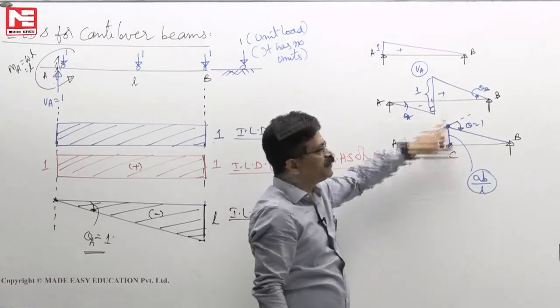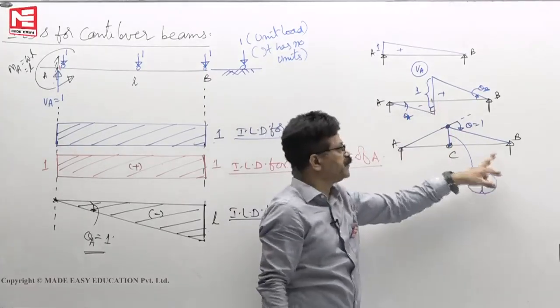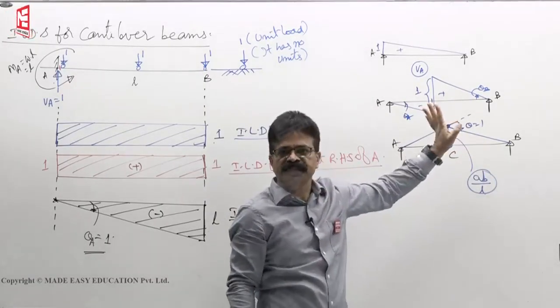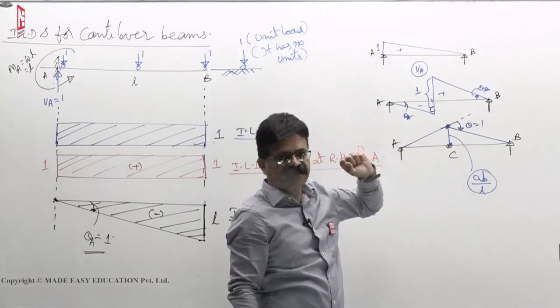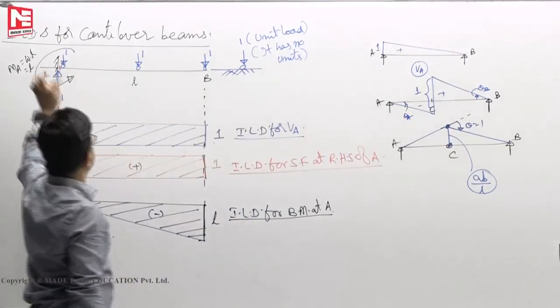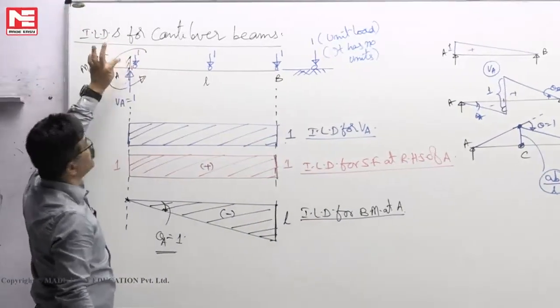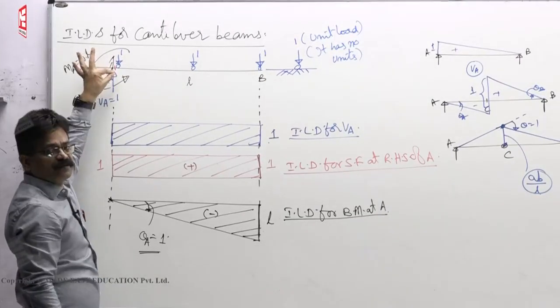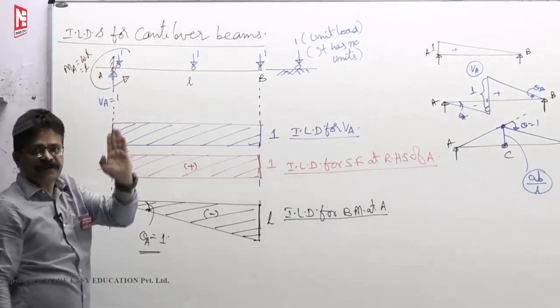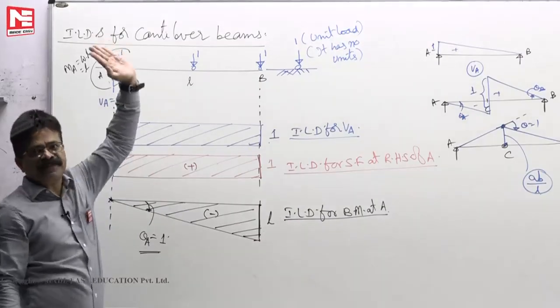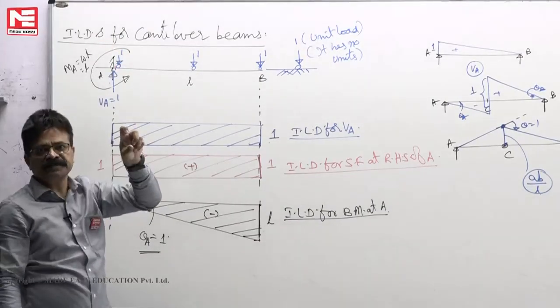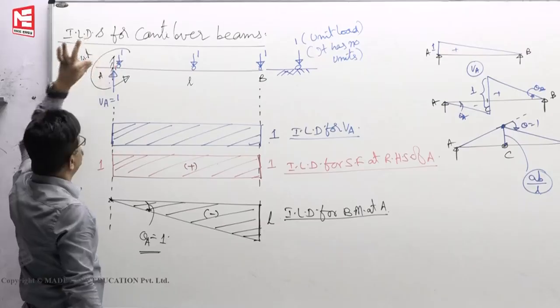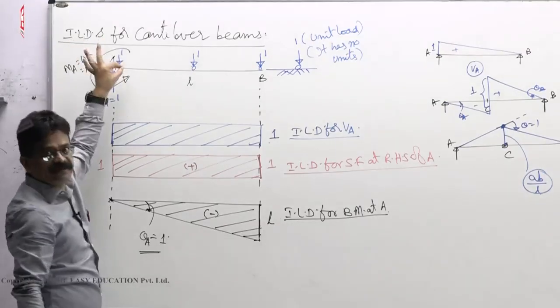Unless you lift it by AB by L, this type of rigid body rotation cannot take place in a simply supported beam. Come to the cantilever. Without removing the support at A, assume an imaginary hinge there. Because you didn't remove the support reaction, the beam cannot be lifted because the reaction is holding it. So you have to keep the beam there only.